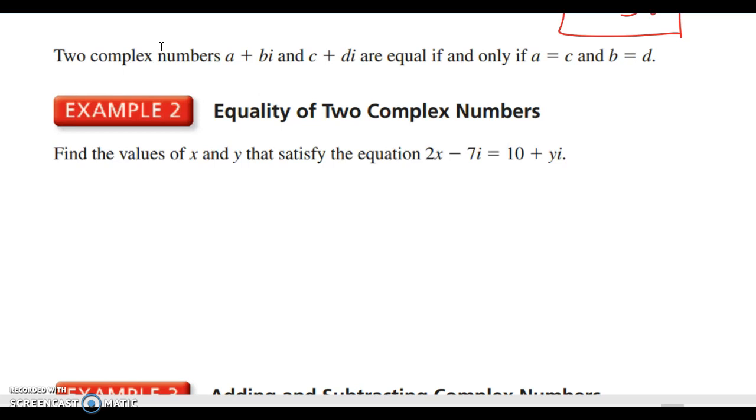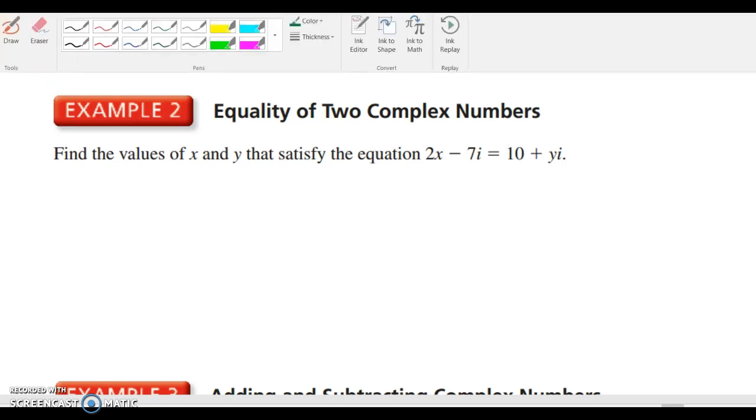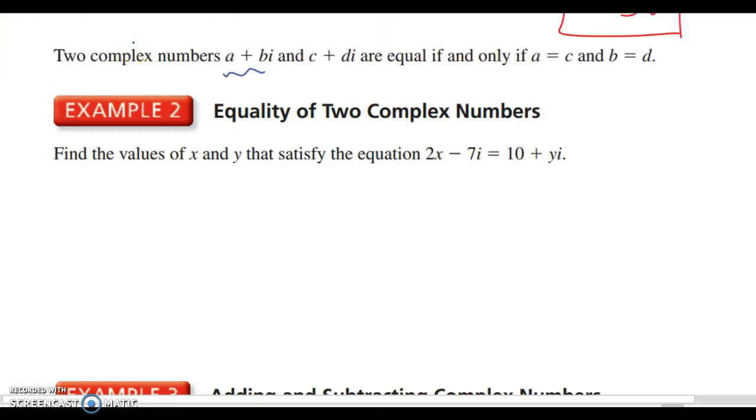Now let's look at example 2 in your notes packet. And remember, we're going to add or subtract, combine like terms here. And we know that a plus bi and c plus di are equal if and only if a is the same thing as c and b is the same thing as d. So this means we have to find x and y to make this statement true.